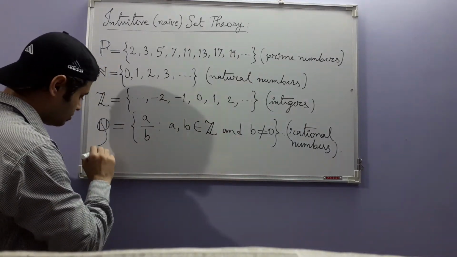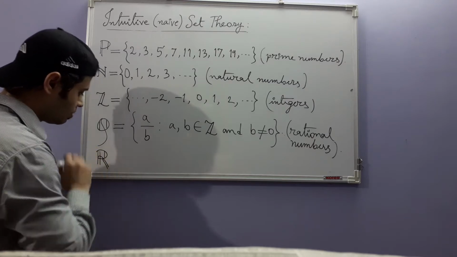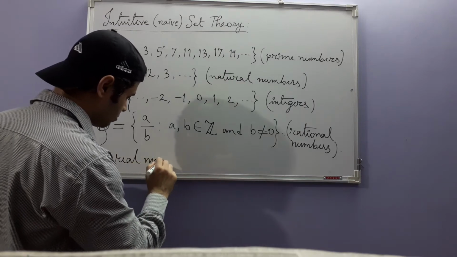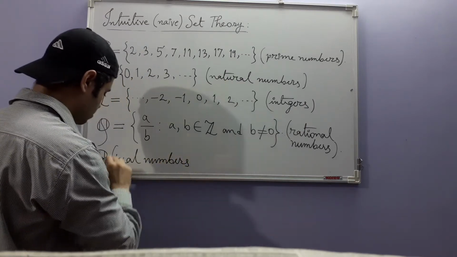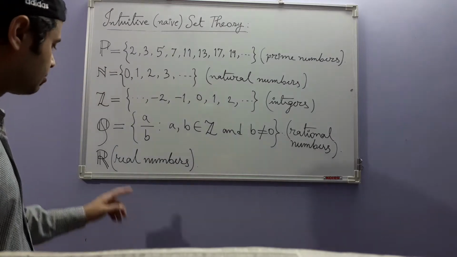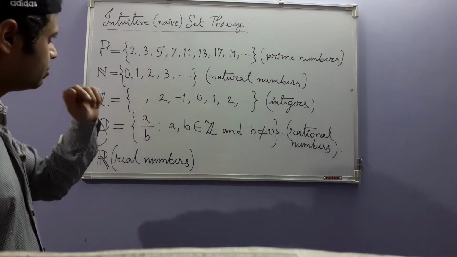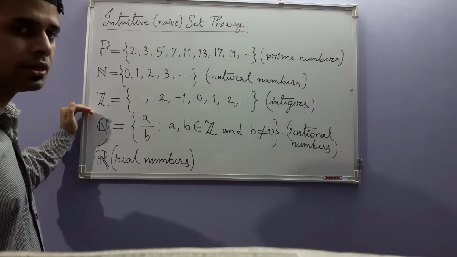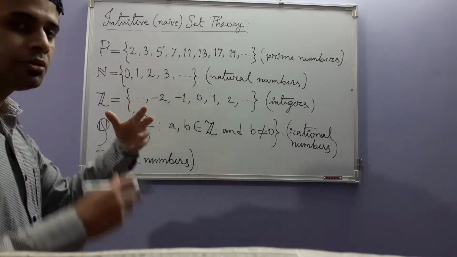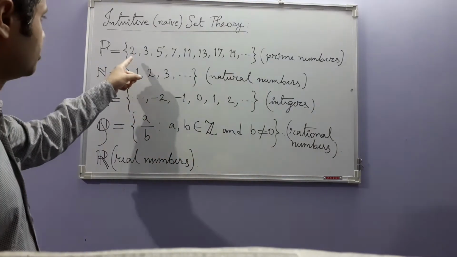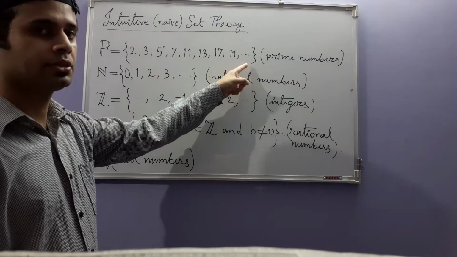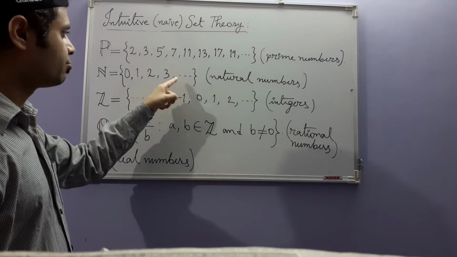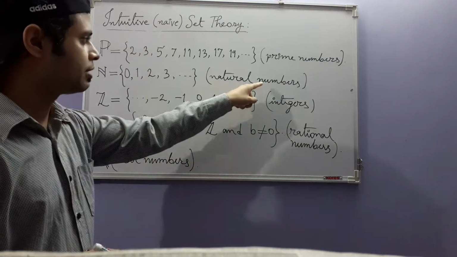Then after that we get the set R of real numbers. Now here, you can see the way the sets are progressing. First we had all the prime numbers. After that we introduced some extra numbers and got the natural numbers.